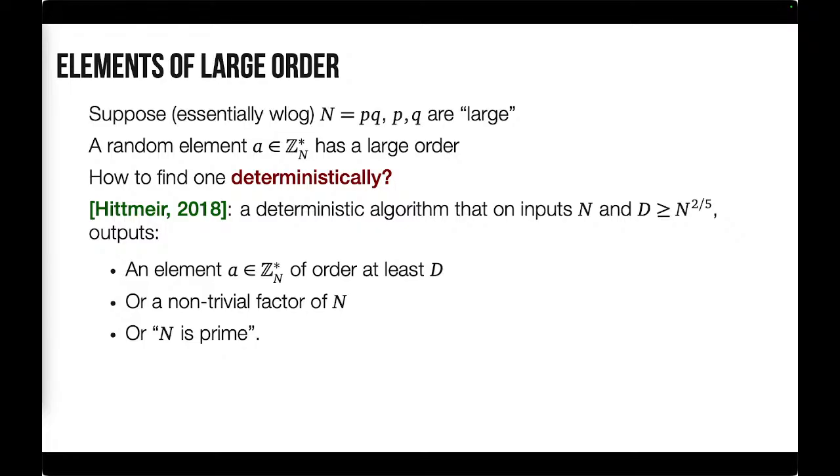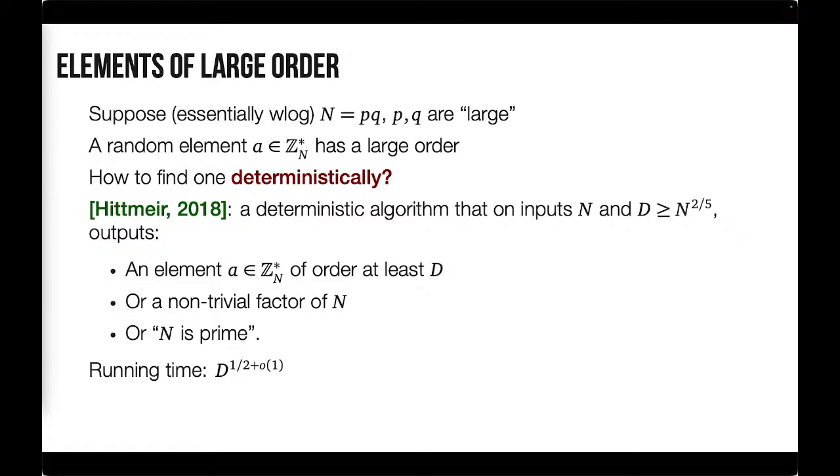So, we said we cannot always hope to get an element of large order, so we might accidentally factor n, right? But that's also cool. We accidentally solved the problem we started from, so we are happy with that as well. And I didn't say, the running time is square root of d.